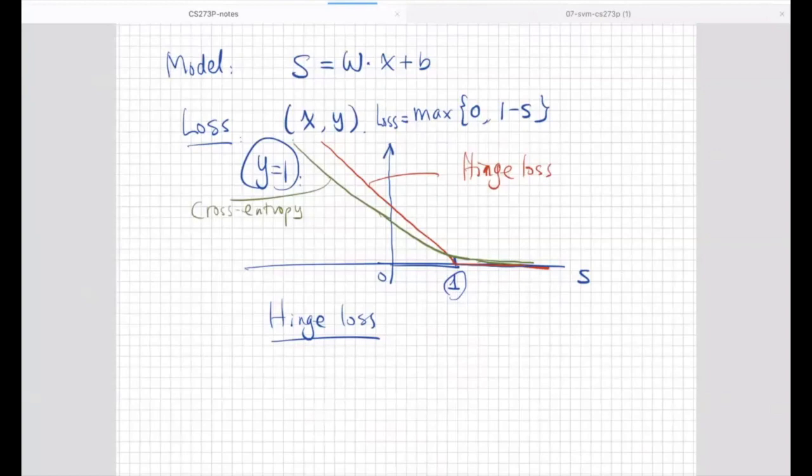The only difference is that the hinge loss is piecewise linear and has a hinge point, a switching point, unlike the cross entropy, which goes up smoothly. Otherwise, if you look at their loss functions, they look very similar.